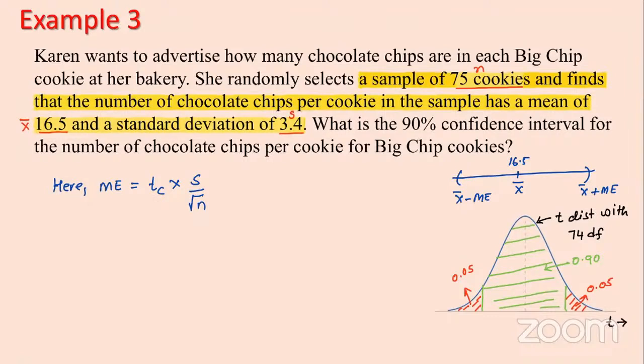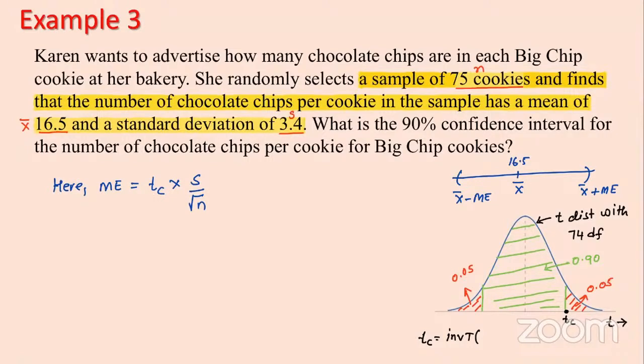And the value that goes here on the x-axis is your T critical. And we want to find that T critical. And as we know, T critical is given by this. T critical is equal to inverse T in your calculator. And then the area to the left of T critical.